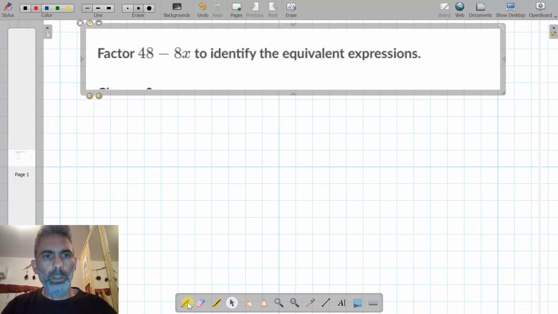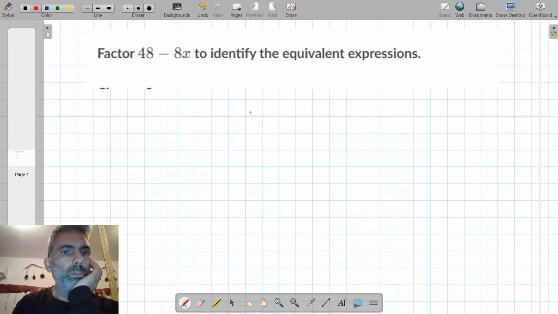Okay, we need to factor 48 minus 8x. So what is the greatest common factor of 48 and 8? It's 8, because 48 is divisible by 8. 8 and 6.